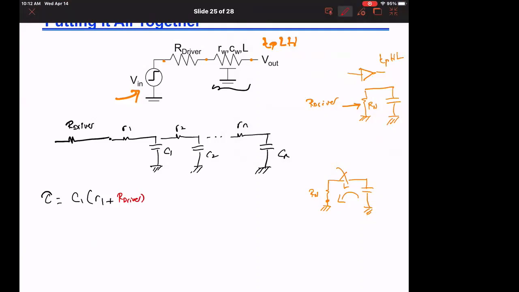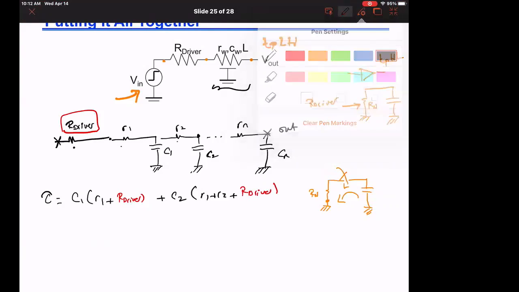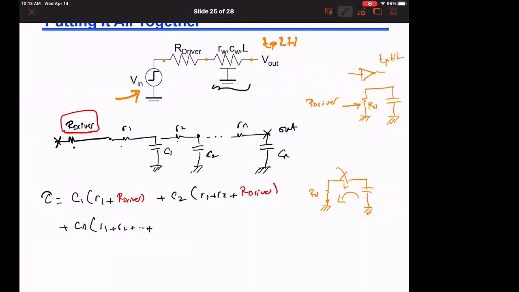So this is R driver here. And then C2 will be multiplied by what? This is the input, this is the output here. So C2 on this path will see the resistance R driver, R1 and R2. So it's R1 plus R2 plus R driver. And in a similar fashion, Cn will really see R1 plus R2 plus Rn plus R driver.